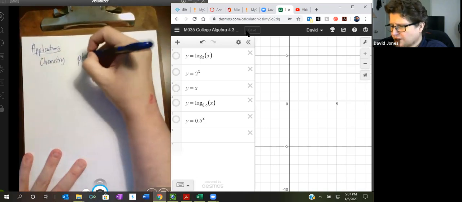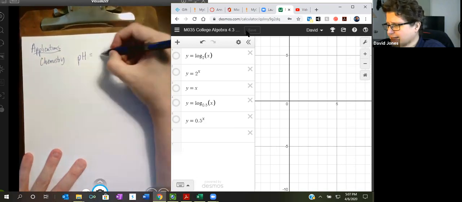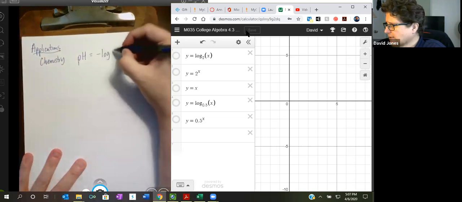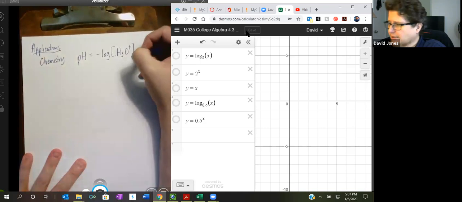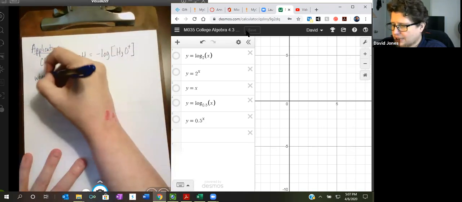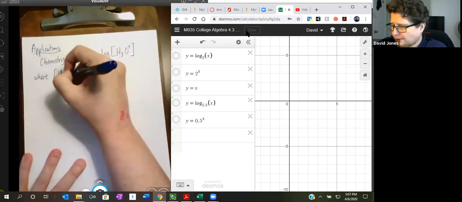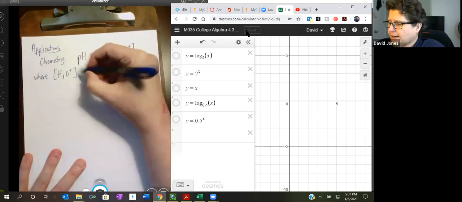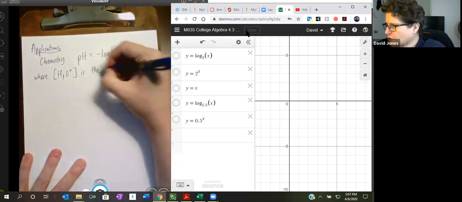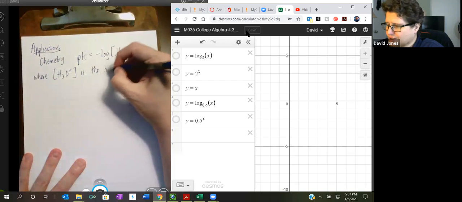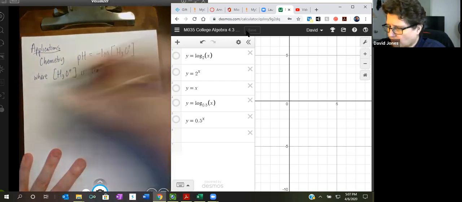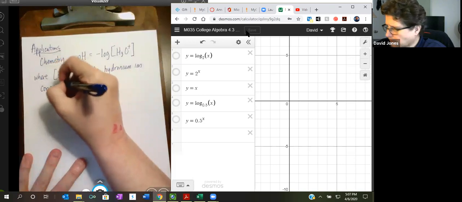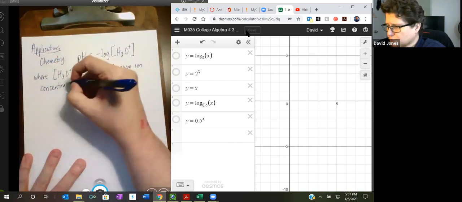The pH of something is defined as the natural log of H3O plus, where H3O plus is the hydronium ion concentration in moles per liter.